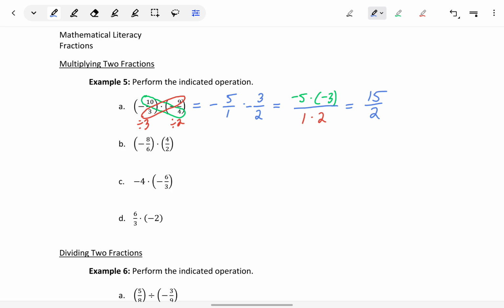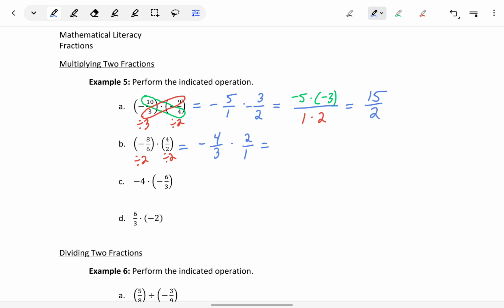We can look at doing that again in part B. Now 8 and 6 have factors in common. We can divide both of those by 2. And 4 and 2 have a 2 in common as well, so we can divide by 2 in each case. This will leave us with -4/3 times 2/1.